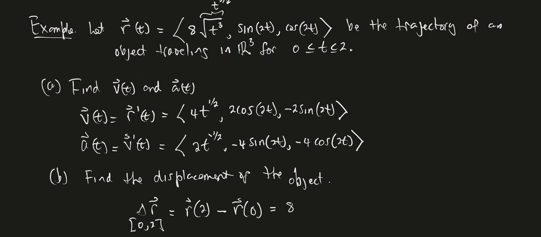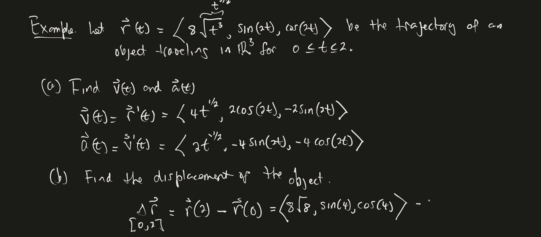So we'll have 8 root 8, and then the sine of 2 times 2, that's just the sine of 4. And then similarly, the cosine of 2 times 2, so that's the cosine of 4. Right, so this is r of 2, and then let's subtract from that r of 0.